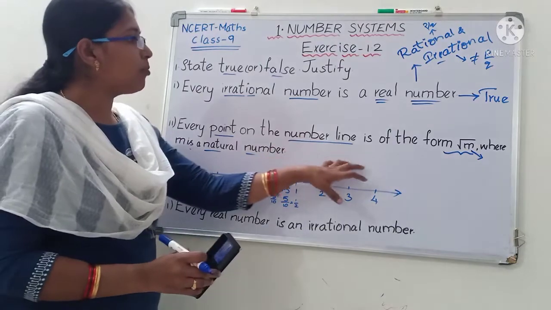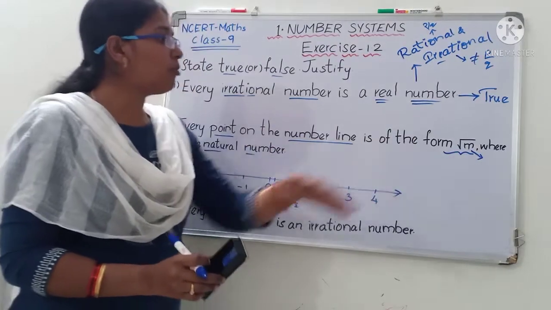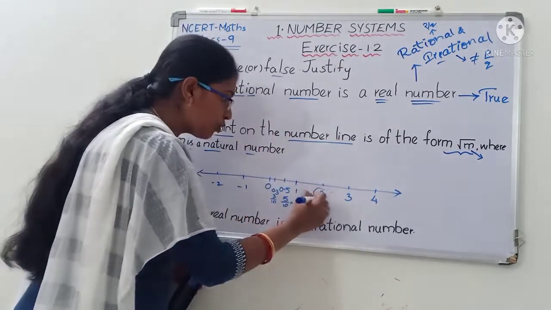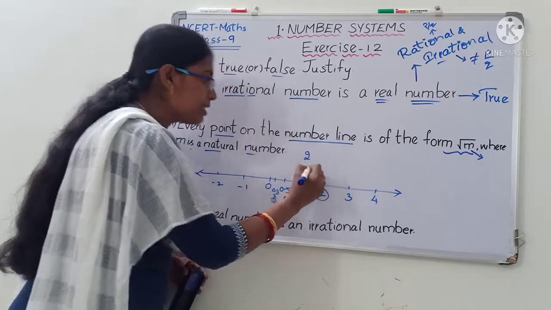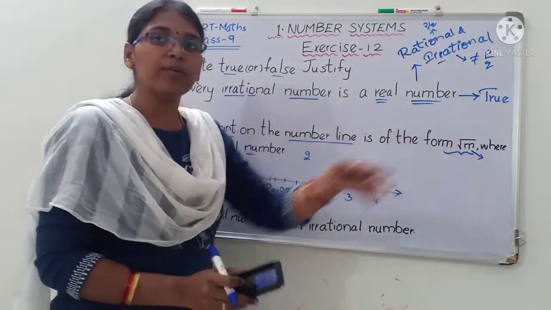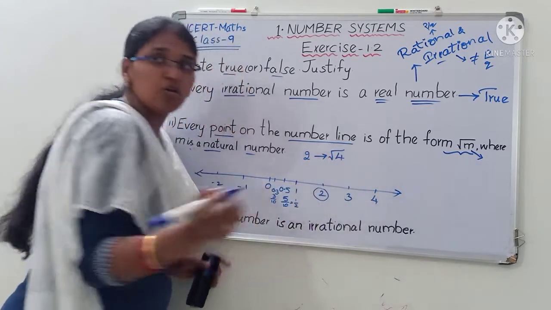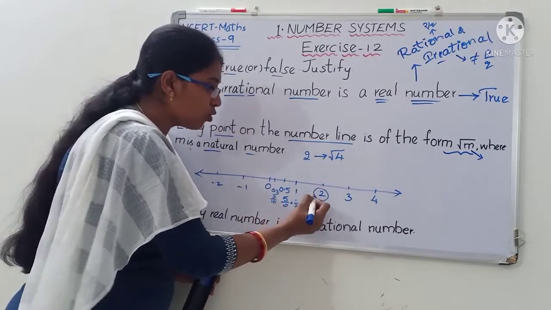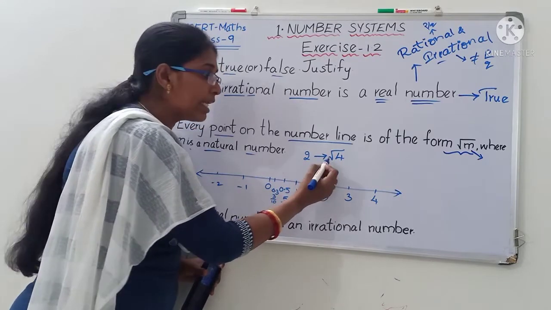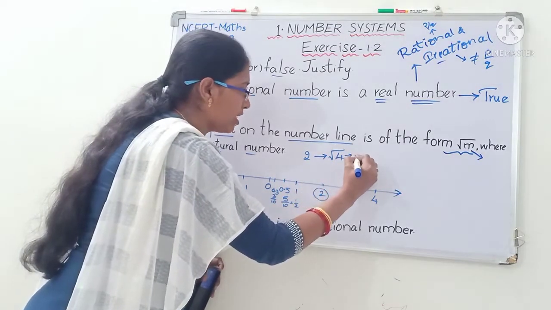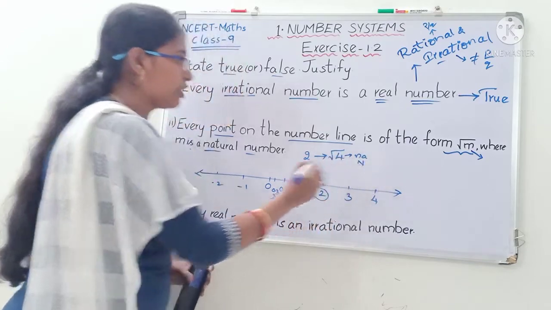They are telling every point on the number line is of the form root m. Let's consider one number, 2. Is this number of the form root m children? 2 can be written as root of 4. You all know children, root 4 is 2. So the number 2 can be written as root 4. 4 is a natural number here.